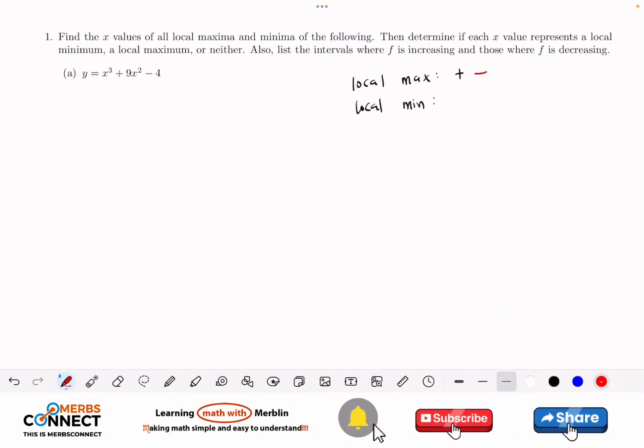Or you can see something like increasing and then followed by decreasing. That value in between is what is going to give us the local max.